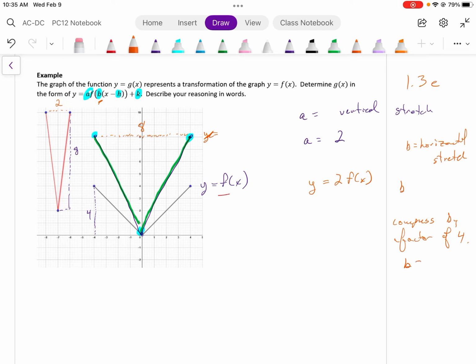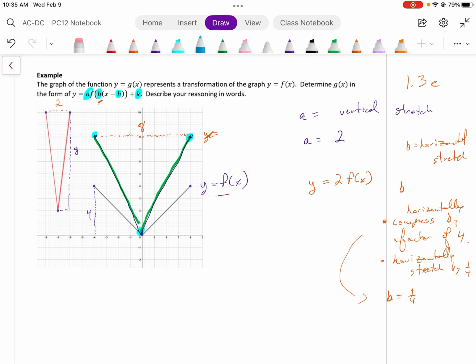So this implies that B, okay, whoa. Now, this implies that B is equal to 1/4. Sometimes it's hard to make that leap, but I'm going to say we horizontally stretch by 1/4.